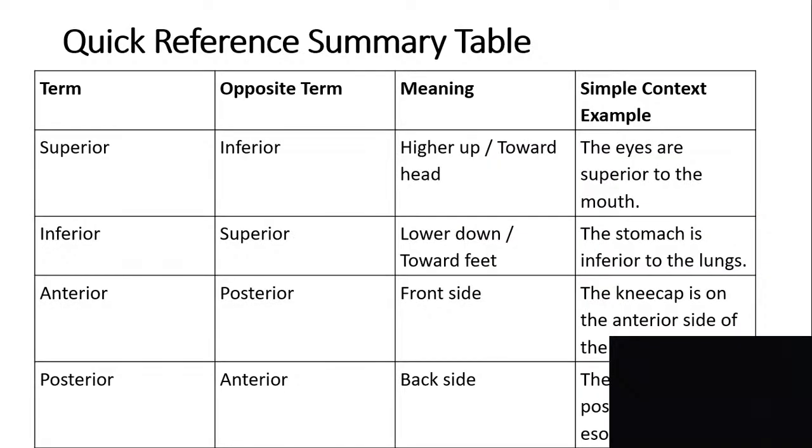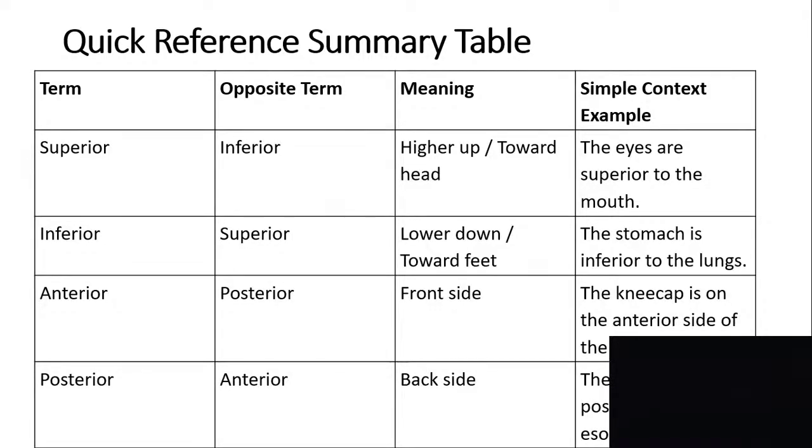So next is the quick reference summary table, which we can use for whatever we have so far covered. In our quick reference, we have the term superior, whose opposite term is inferior, meaning higher or towards the head.